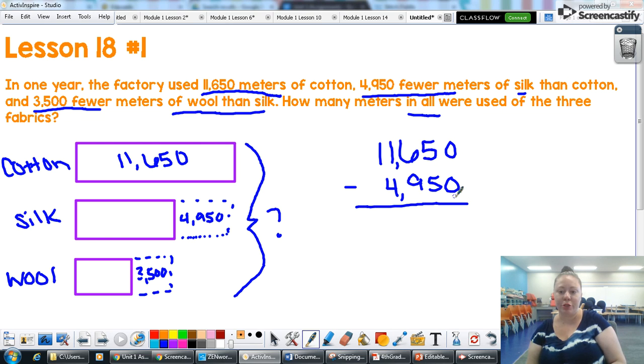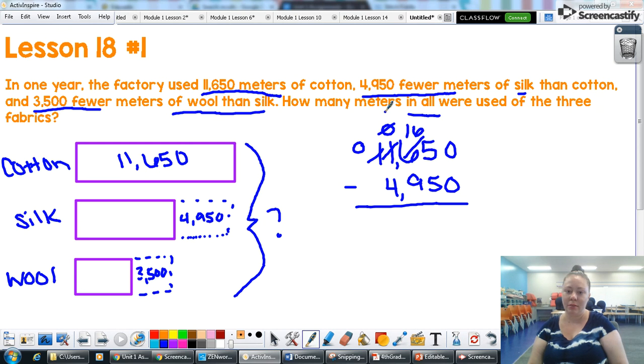Now remember, of course, when you're subtracting, you look across your digits first. 0 is enough to subtract 0, 5 for 5. 6 is not enough to subtract 9, though, so I look next door and I take 1 away. 1 becomes a 0, and 6 becomes a 16. Now 0 is not enough to subtract 4, so I take 1 from this 1 here, make it a 0, and this 0 becomes a 10.